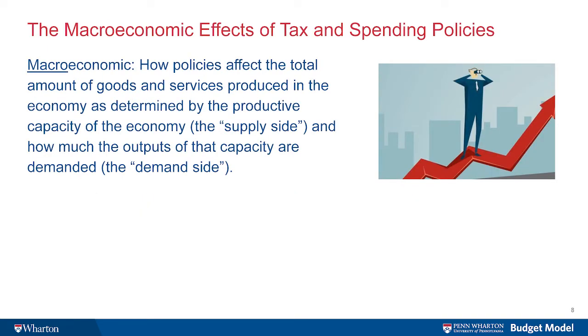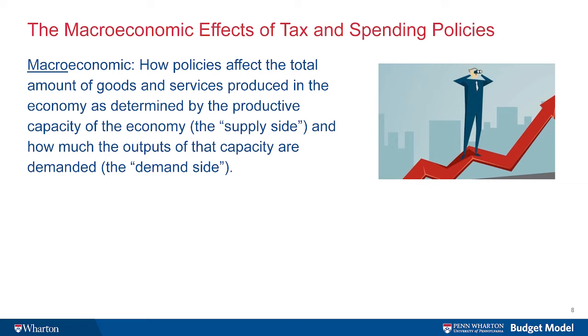Macroeconomic effects are about how policies are affecting the total amount of goods and services produced in the economy, as determined by the productive capacity of the economy, and also how much of the outputs of that productive capacity are demanded.